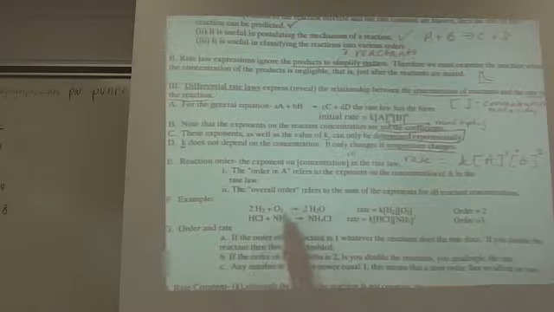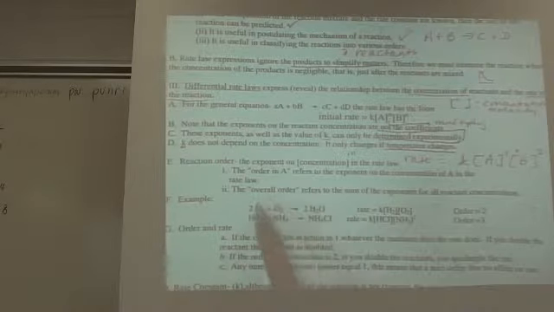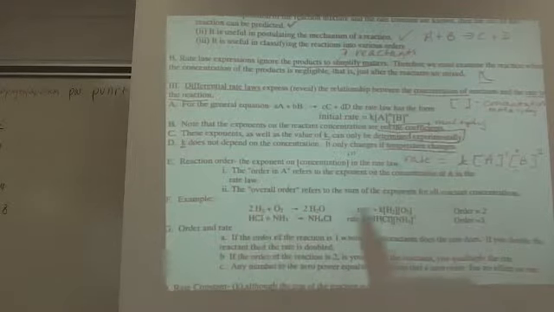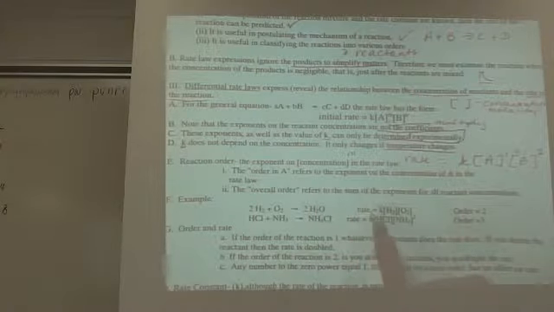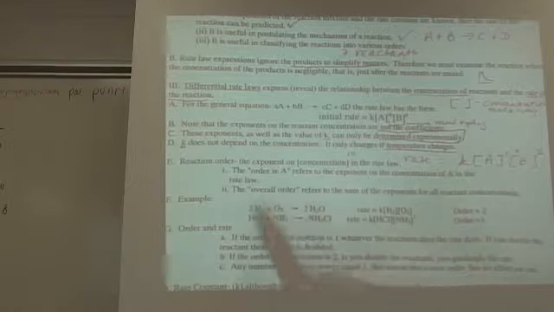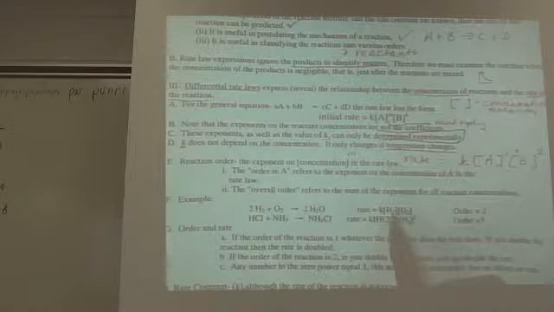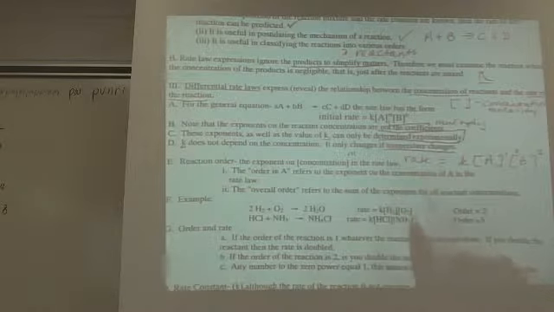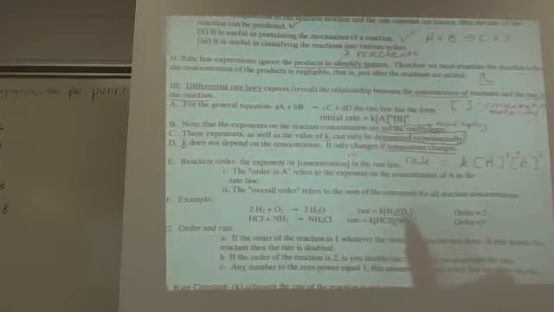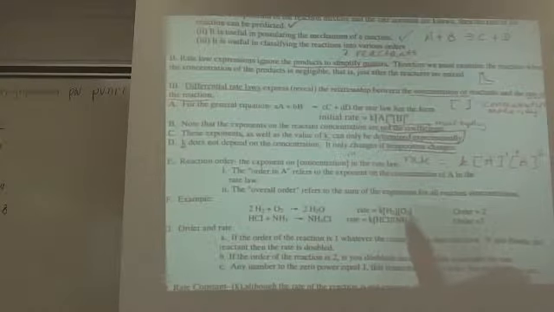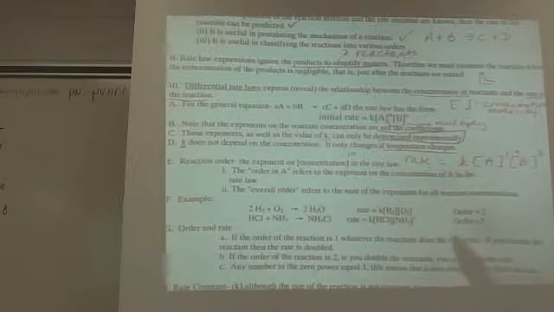So here is a reaction, the formation of water. The rate at which this will occur is equal to the rate law constant for this reaction times the concentration of H2 raised to the first power. I could tell it was raised to the first power because I'm a lazy chemist and I don't write ones, times the concentration of O2 raised to the first power.